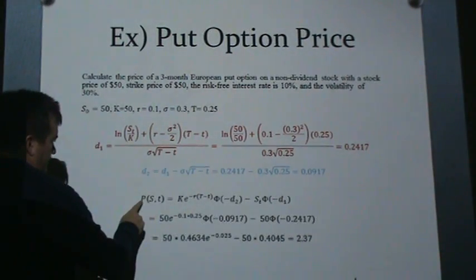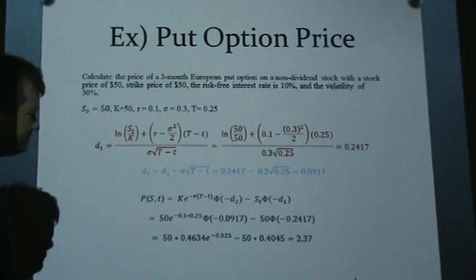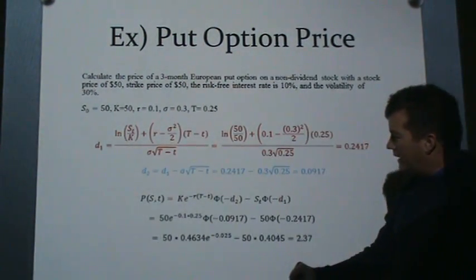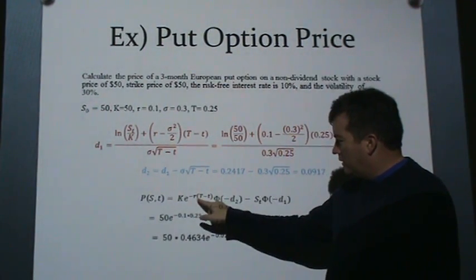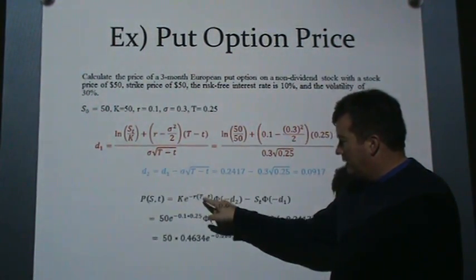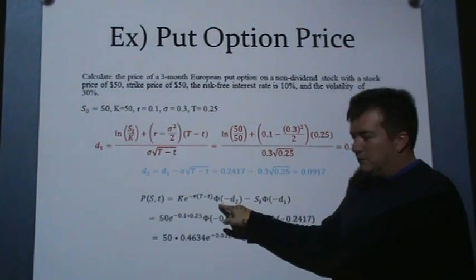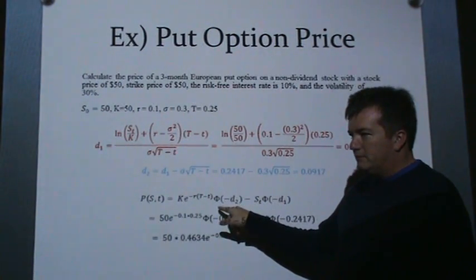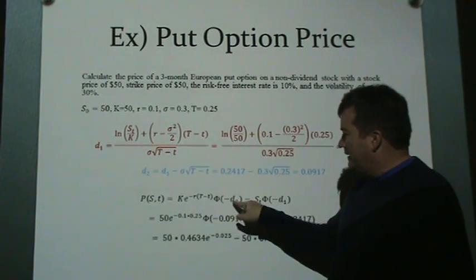Now we can just plug it into the put formula. There's a call formula and a put formula in Black-Scholes. The put formula says we use K times e to the minus r times the remaining time, times the normal distribution, the cumulative distribution of a normally distributed variable with a mean of 0 and a standard deviation of 1, evaluated at negative D2.